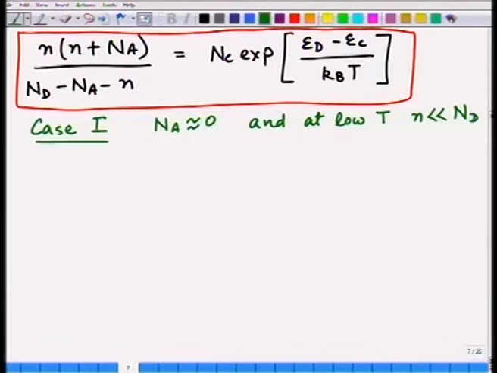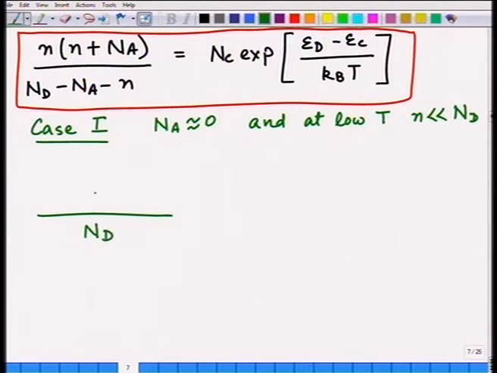In that case, what happens? Now, we are considering the case where N_a is 0 and N is much smaller than N_d. So, in the denominator I am going to only keep N_d, and in the numerator of course N_a is 0. So, I am going to leave it as N square.